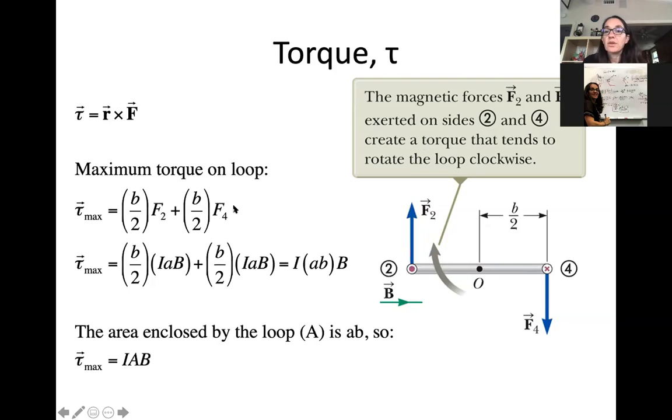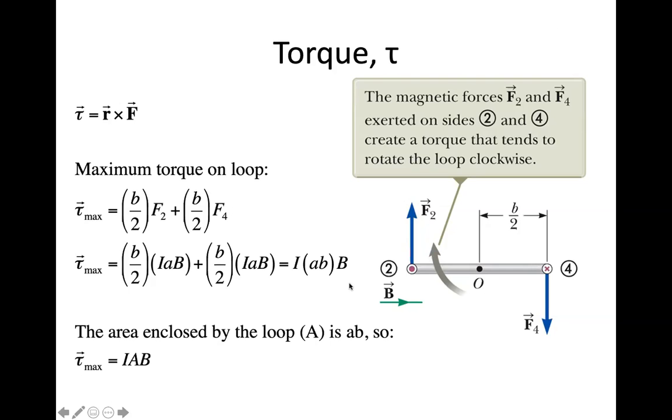So that's the torque. Now, we also see something here. I see this AB. Well, AB is actually just the area of the loop. Remember, we had a loop, and this was A, and this was B. So the area of the loop is AB.